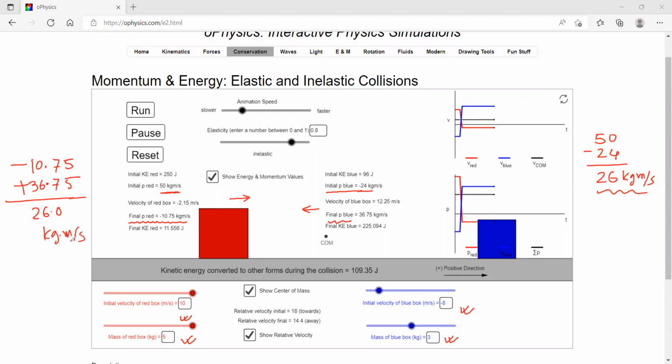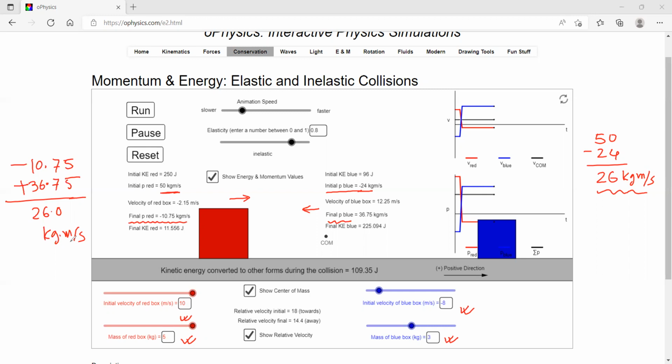So even though there is a change in the individual momentum, the total momentum before and after the collision is the same. In both cases it is 26 kilogram meters per second.